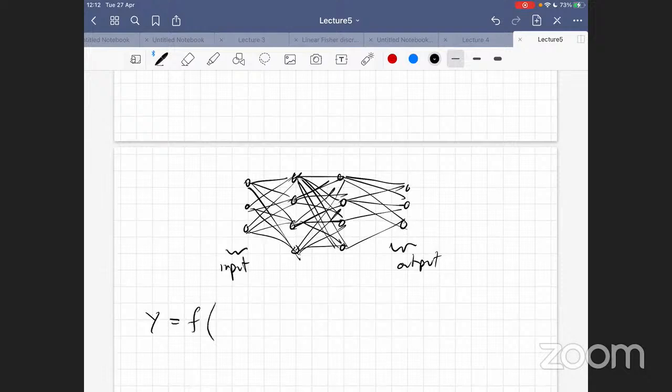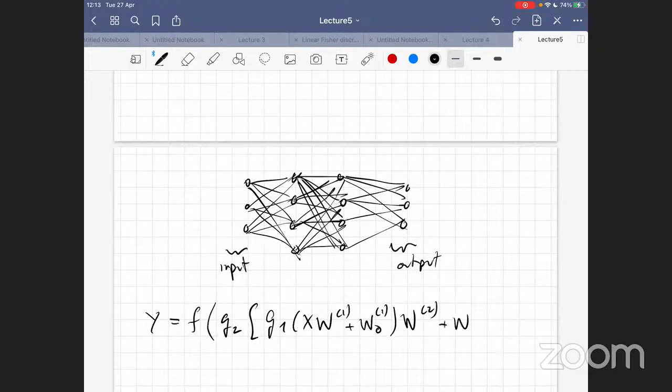So this is the first hidden layer, and the last units connect to the output, and then I have one activation function, another activation function here, and now it's a function of, let me put here, W1 plus the intercept, and this is multiplied by W2 plus the intercept, and this is finally multiplied by V plus V0.